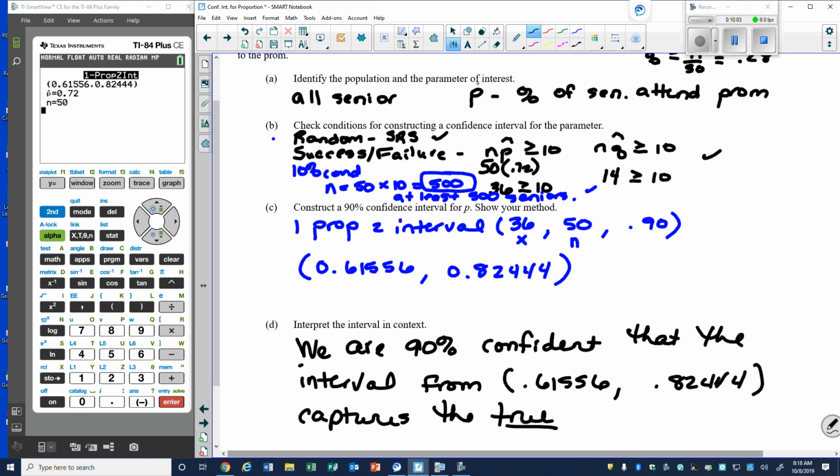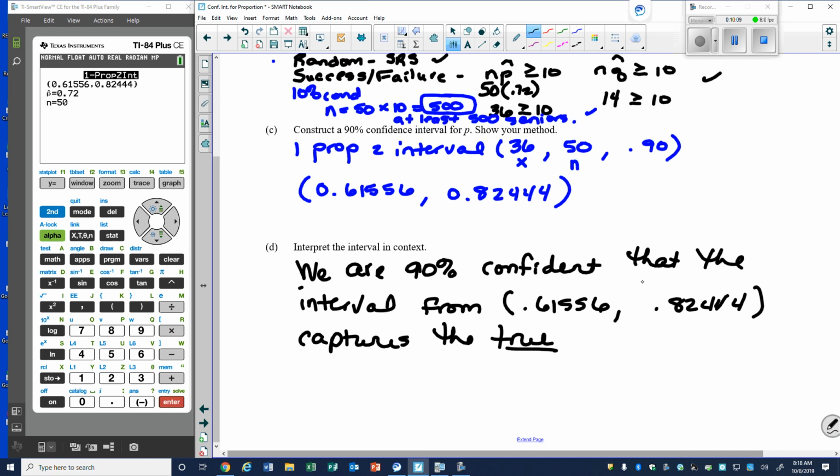So we were looking for the true percent of seniors that attended the prom. So this captures the true proportion of seniors attending the prom.